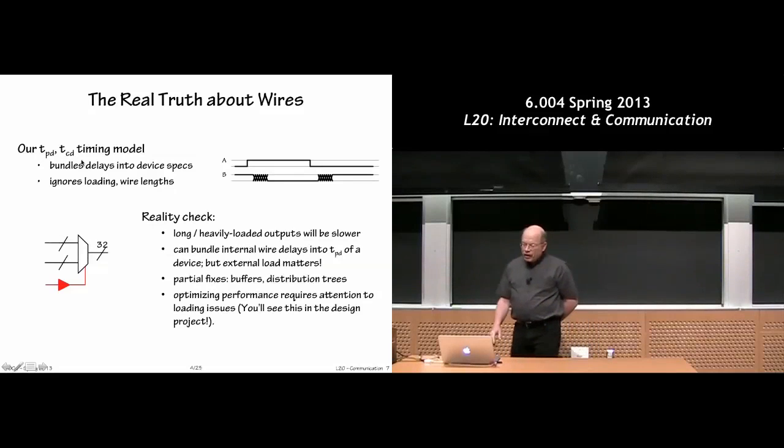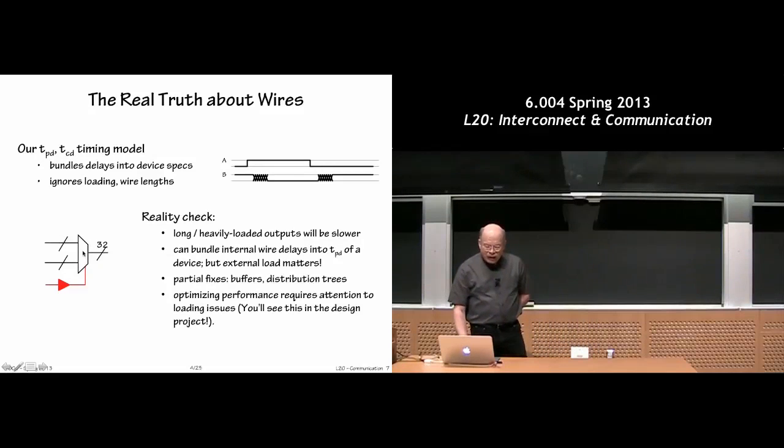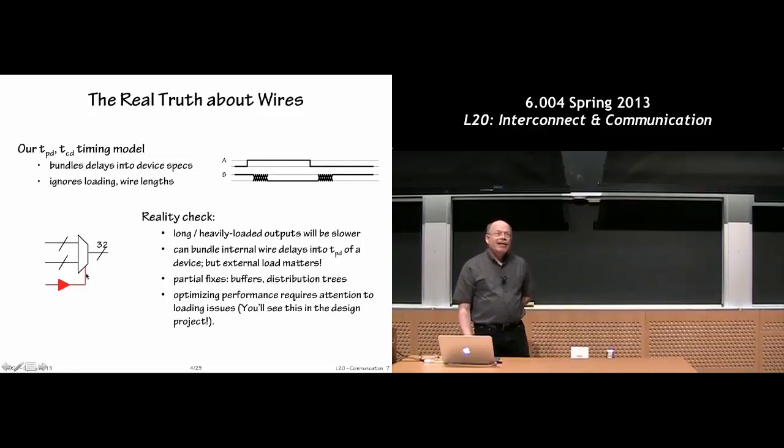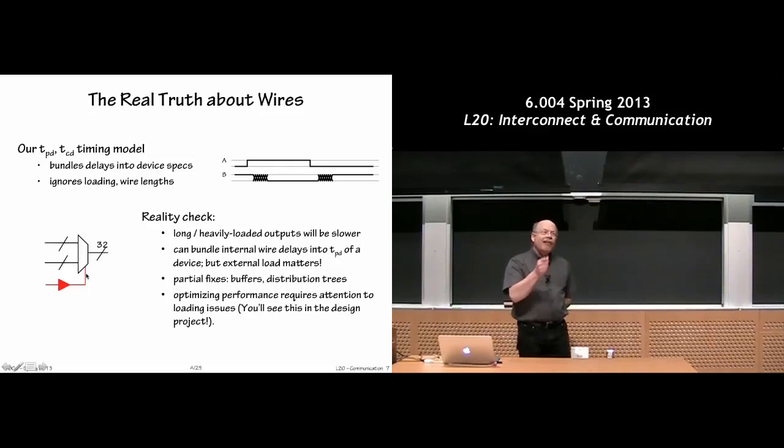But the truth of the matter is that if I have a heavily loaded signal, here's some select signals, the select signal, which is actually visiting 32 2-to-1 muxes, right? So this is all 32-bit buses. So I have 32 copies of these 2-to-1 muxes, each of which is dealing with 1 bit of this 32-bit mux. And we begin to realize that there's a lot of loading on that select signal. It's suddenly going to 32 different logic gates. And that signal will be a lot slower than if it only went to a single logic gate.